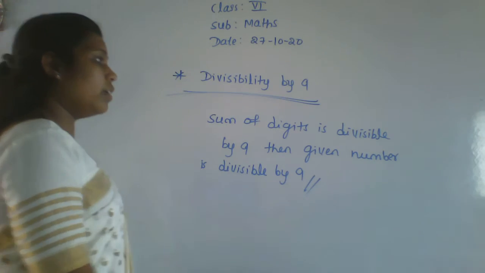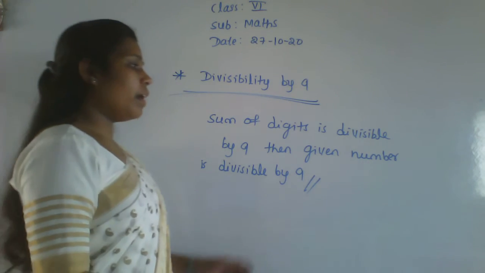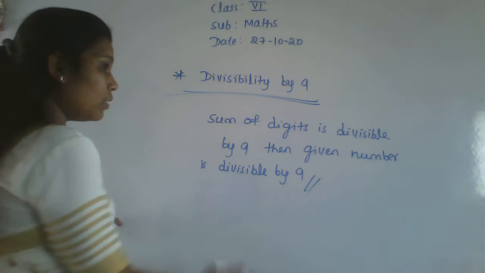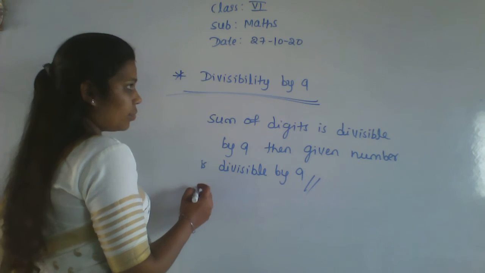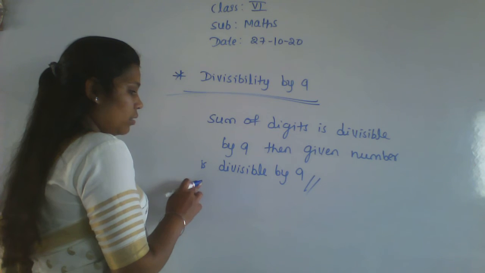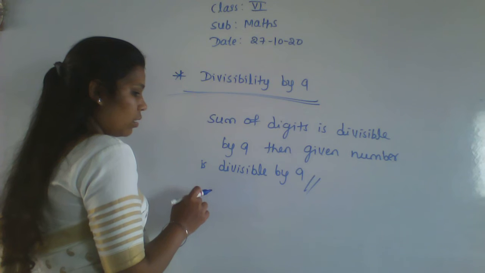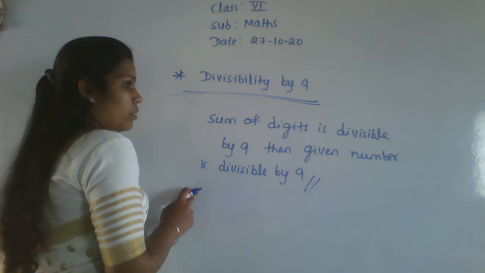We can say like that. Sum of the digits is divisible by 9, then the given number is divisible by 9.